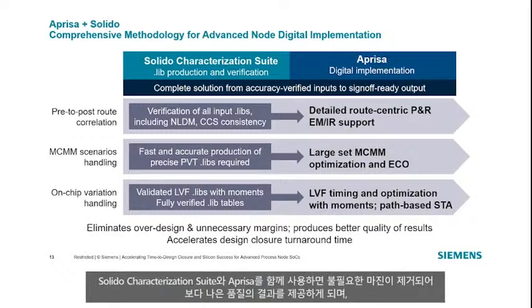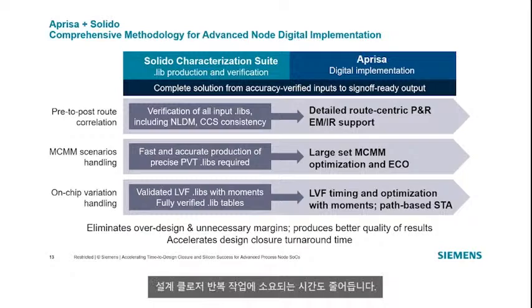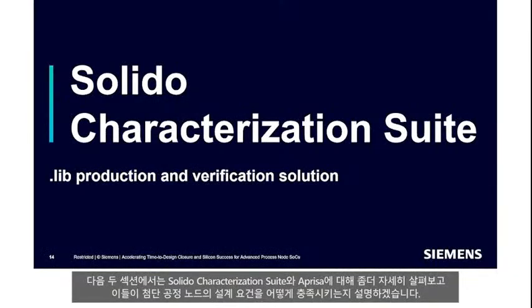Used together, Solido Characterization Suite and Aprisa eliminate unnecessary margins to provide better quality of results while reducing time spent in design closure iterations. In the next two sections, we'll go through Solido Characterization Suite and Aprisa in more detail to explain how they deliver on the requirements for advanced process node designs.